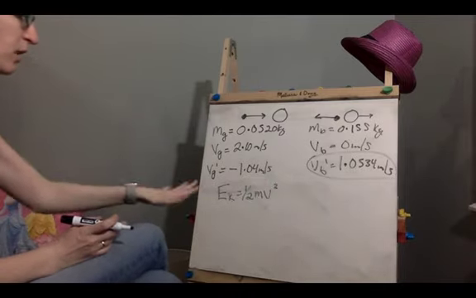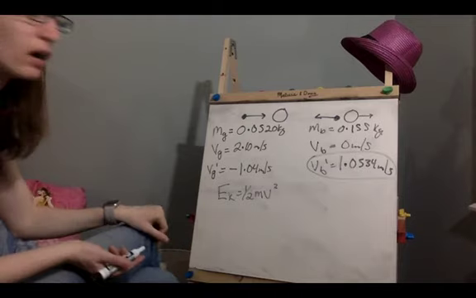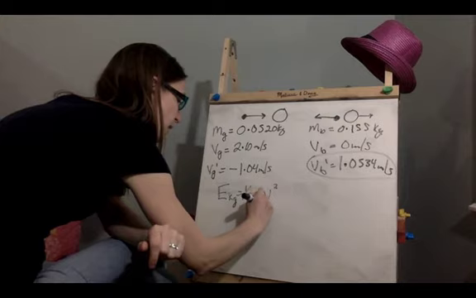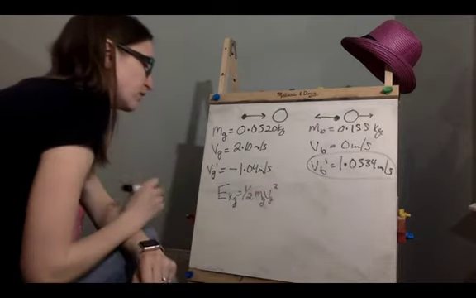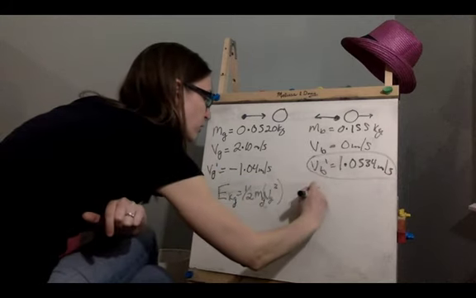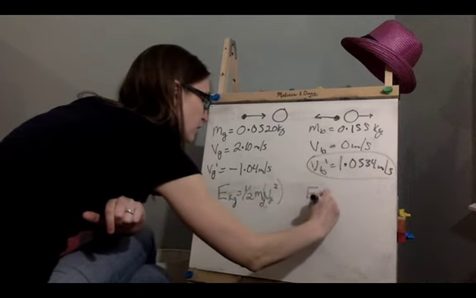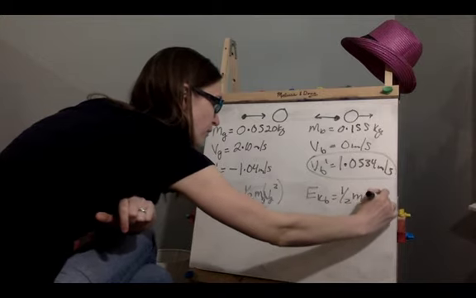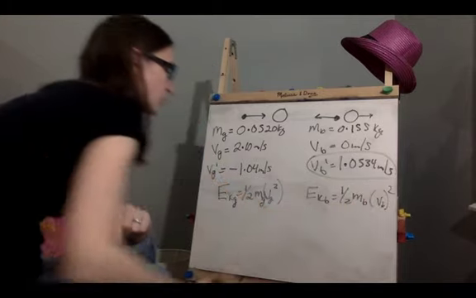If we talk about this as the initial value, the EK of the golf ball will of course be 1/2 the mass of the golf ball and then Vg, that value squared. And for the billiard ball, again, 1/2 the mass of the billiard ball times the initial velocity of the billiard ball squared.